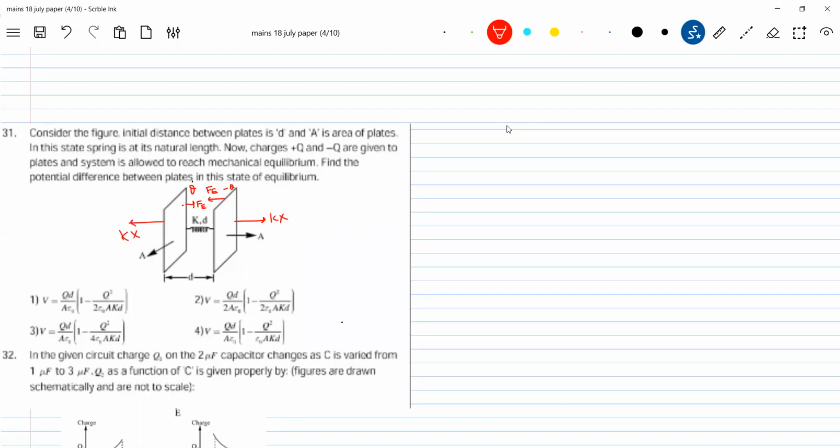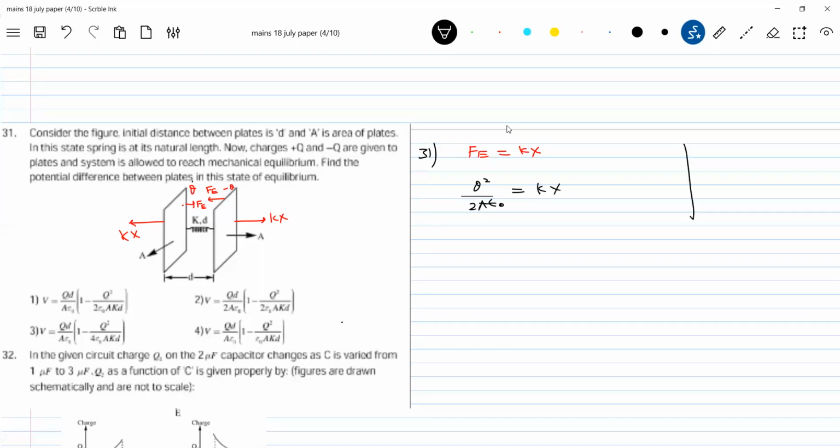Okay, get into the problem here now. At equilibrium, this Fe should be equal to Kx. Then what is Fe? Q square by 2A epsilon naught equals Kx. So altogether we know x here. Now what is the separation between the plates?